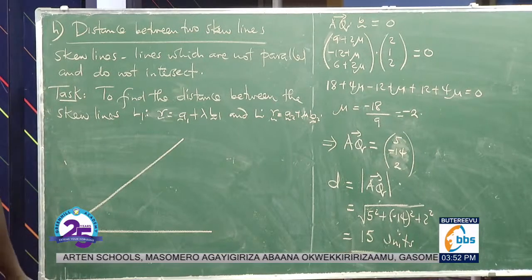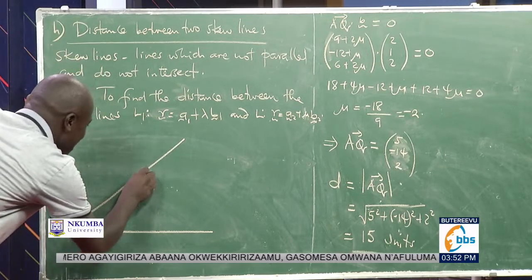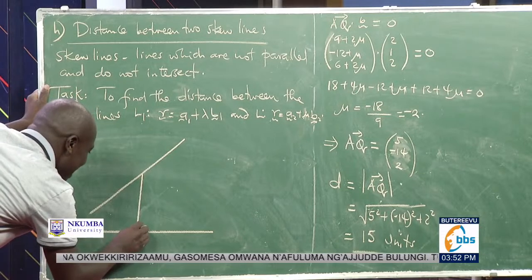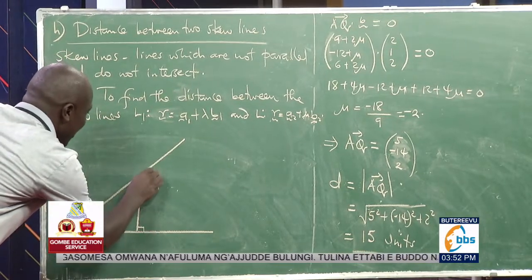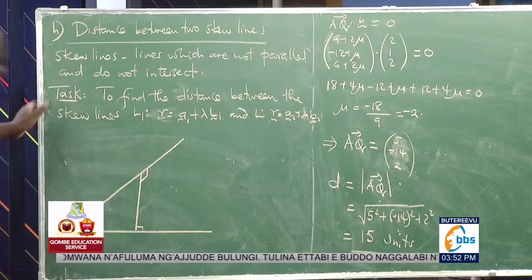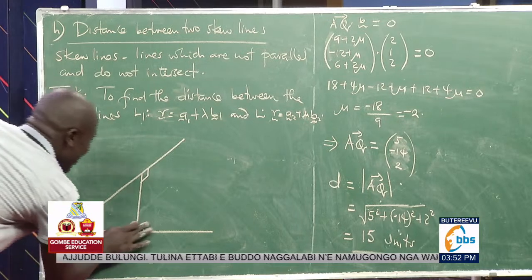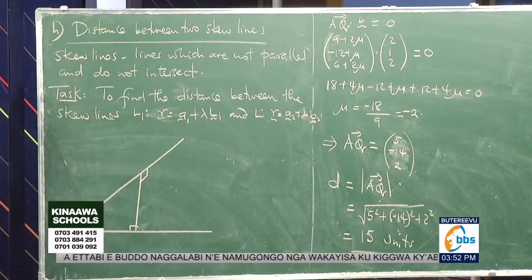Now to be careful, let me do this so that I indicate that this is perpendicular to this and that this is perpendicular to this. Maybe that makes it very clear. Still not very clear. Let me try to make it very clear so that you understand what is going on.